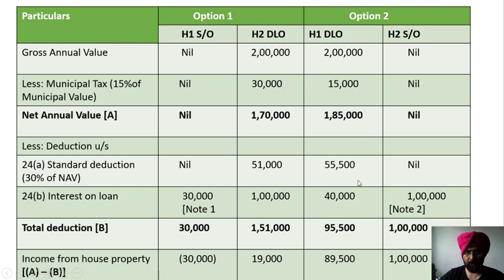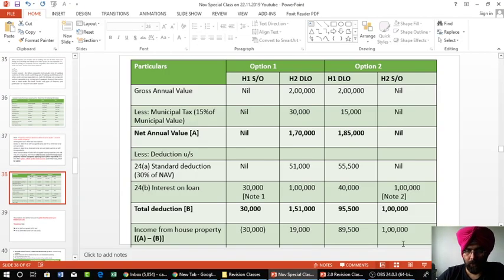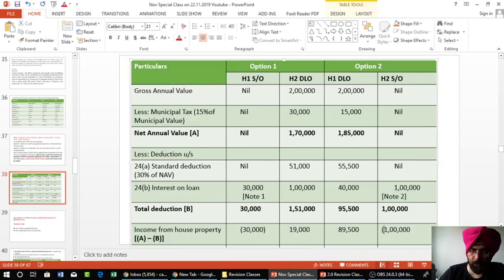Standard deduction 30% is 55,500, and interest on loan is 40,000. Once we deduct the standard deduction and interest on loan, the net income will become 89,500. So 89,500 is house 1 income, and house 2 loss is 1 lakh. I'm going to correct this question here, there is a loss.